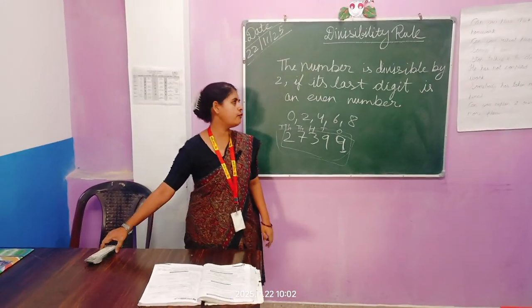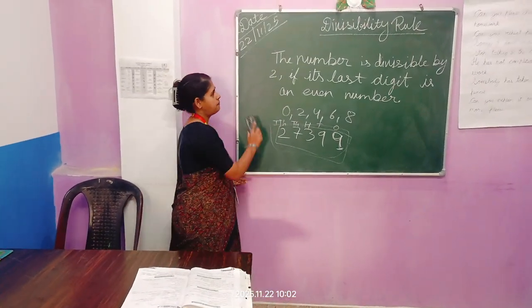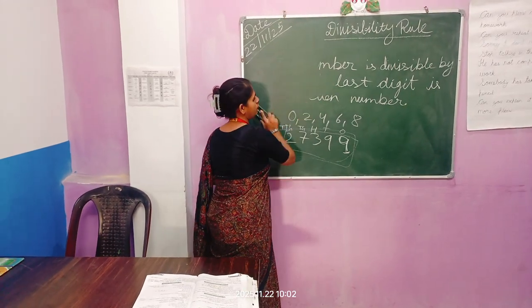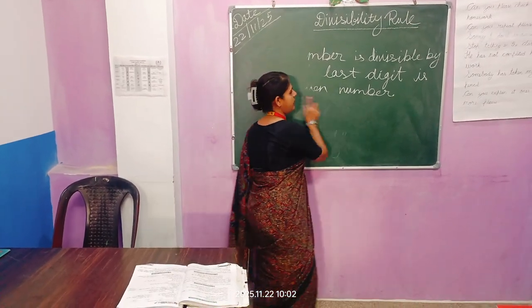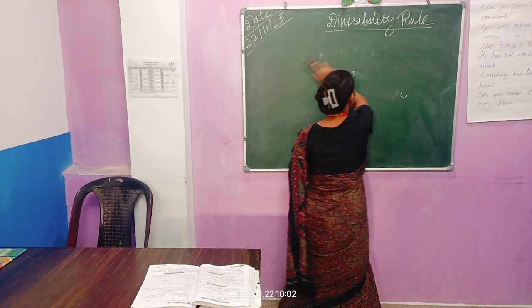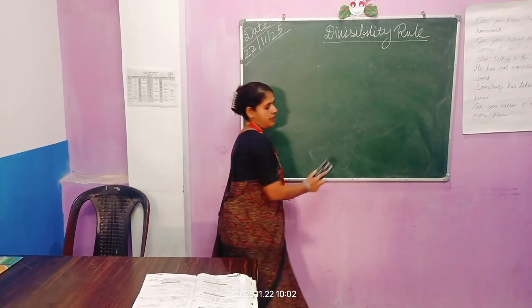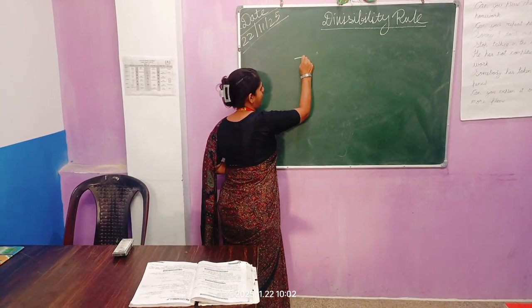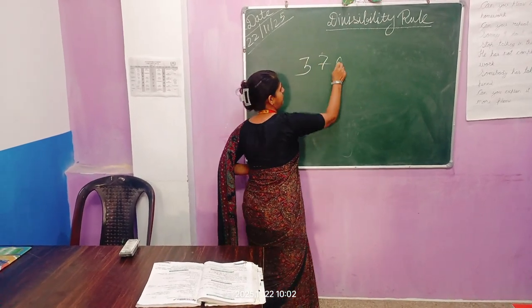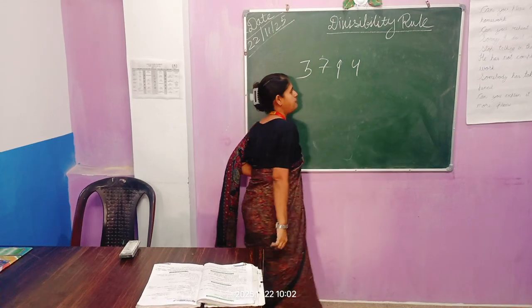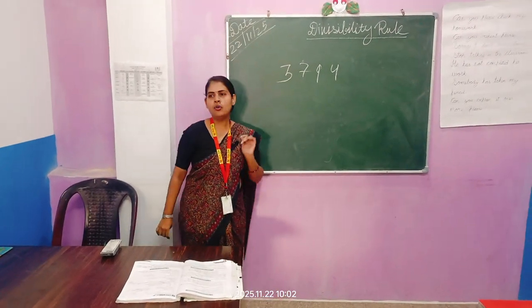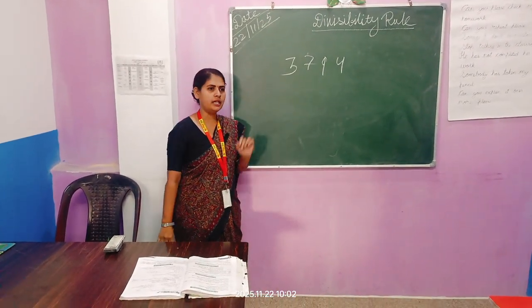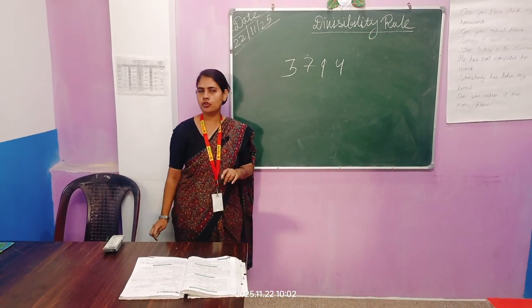Now move forward to 3. If we want to know which number is divisible by 3, how do we know? Like you have the number 3, 7, 9, 4. Now we want to know if it is divisible by 3 or not. So what should we do?